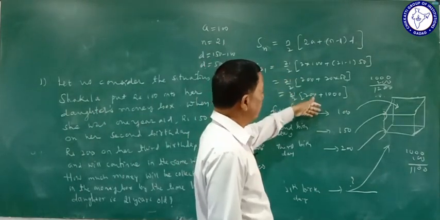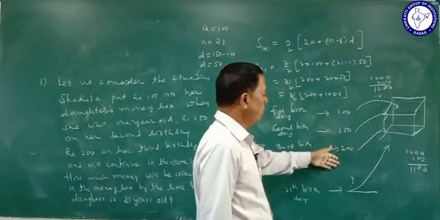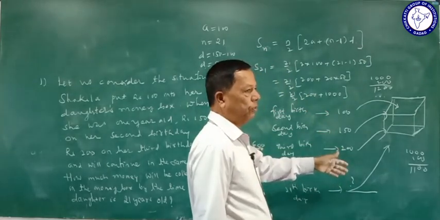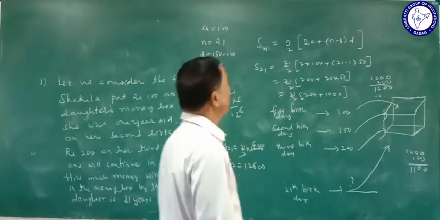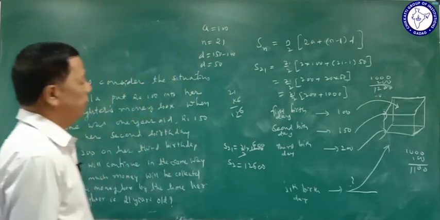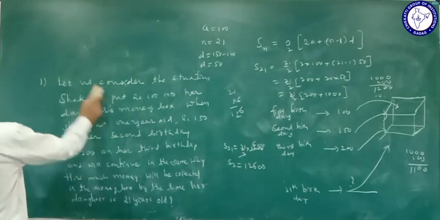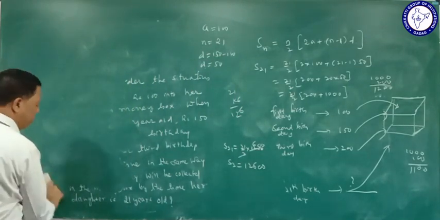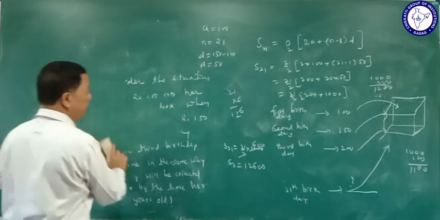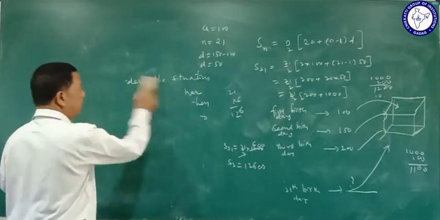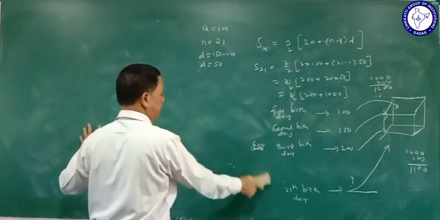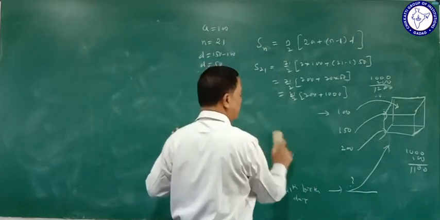I hope you have understood how this problem can be solved according to the situation, because the amount being put in the money box, 100, 150, 200, 250, is in arithmetic progression, so that formula is used. This is the way to calculate the required one. So I hope you understood that directly we calculated Sn instead of calculating the nth term, and there is no need of calculating the nth term separately.